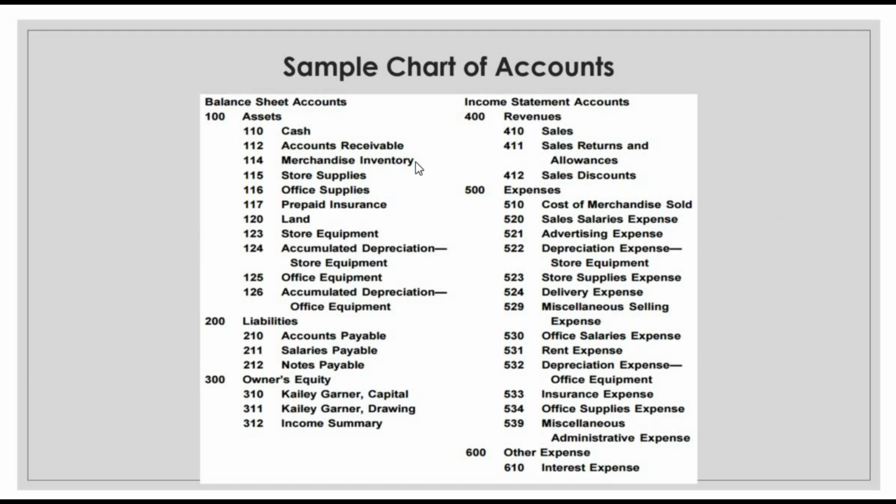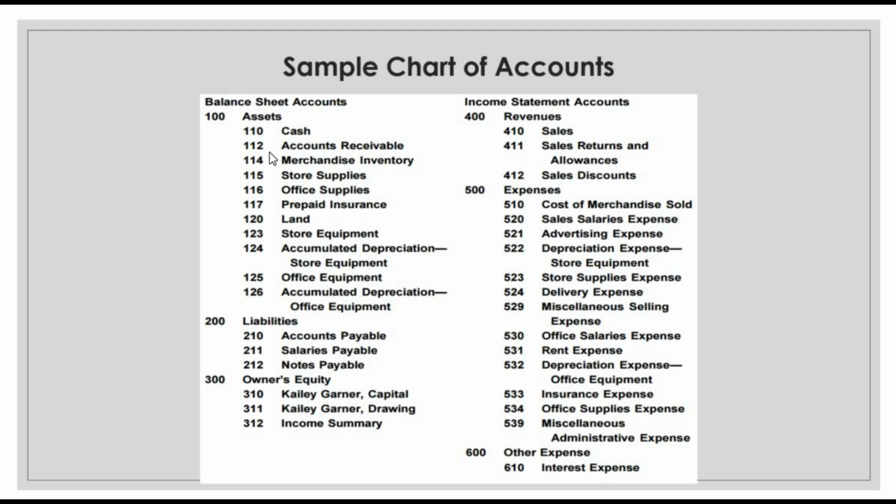This is a sample of a chart of accounts. As you can see here, the balance sheet accounts, assets, are labeled as 100. This is the usual numbering. So, cash is 110.